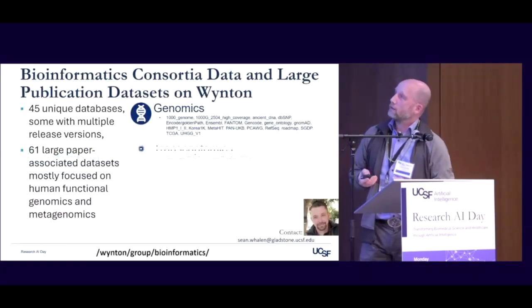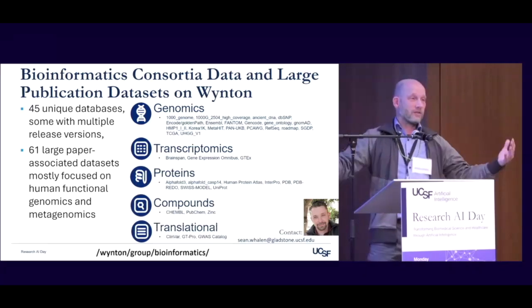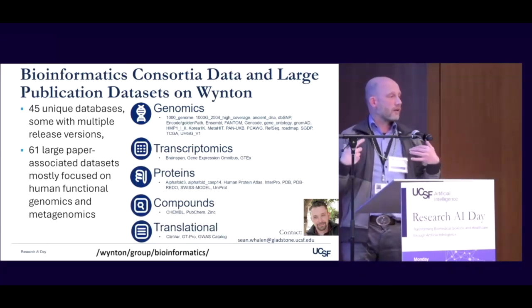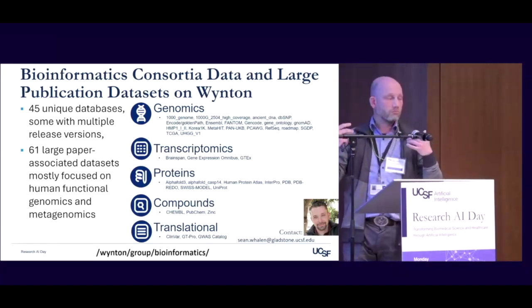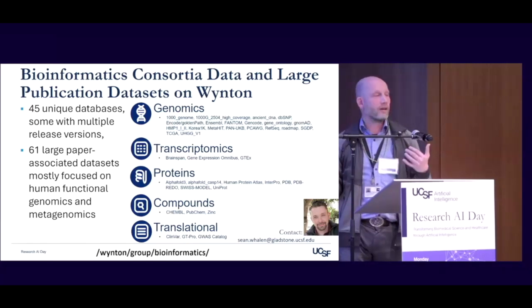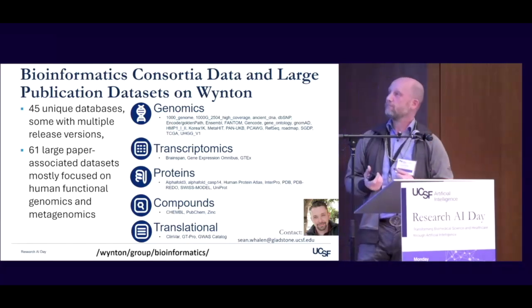But speaking of files, there are 45 unique databases, huge databases from consortia that include experimental data at various scales. They have been pre-downloaded for you, so you don't need to download it. You don't need to allocate space for it. You don't need to pay for the storage.